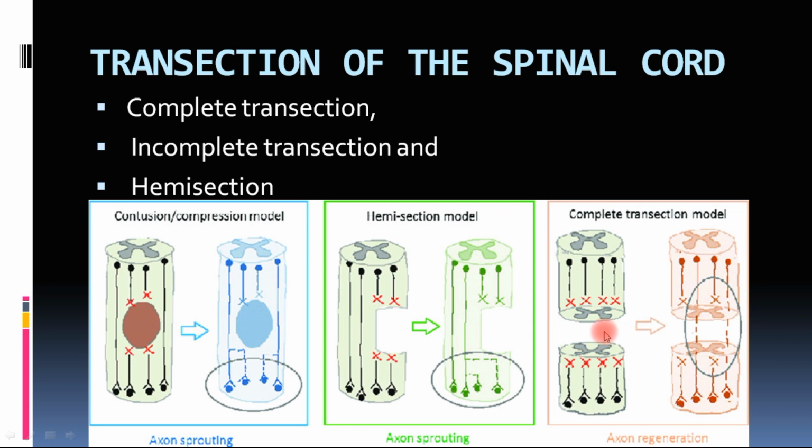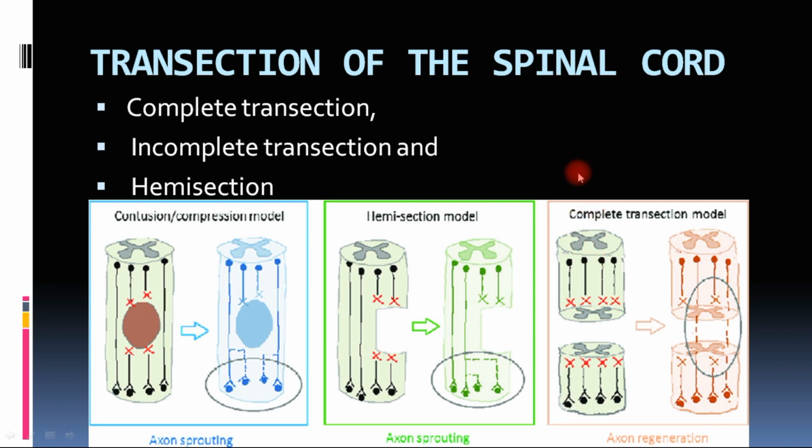So in the case of complete transection, the signal from the brain through the descending tracts is completely lost, and whatever signal is arising from the lower segment from the ascending tract is not going to reach the brain. However, if you see the segment above the transection, the signal is still intact.